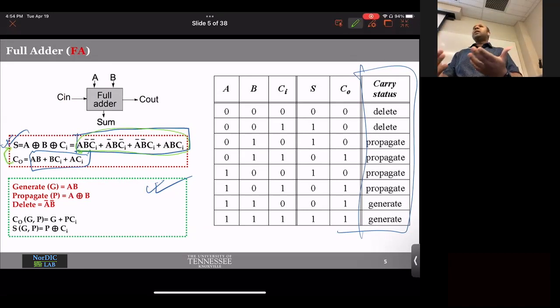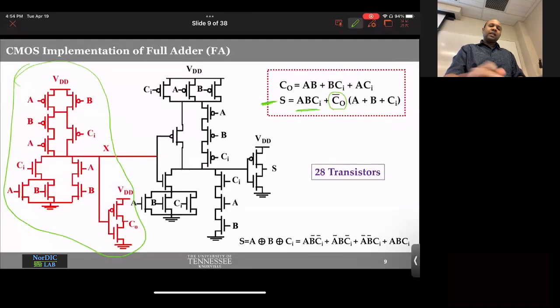I haven't shown you the Boolean computation here, but they have gone through the math and they simplified it, and they came up with a way to reuse this carry output. Why? Because they realized you will anyways have to calculate C out bar, because you're getting it for free right here. If you could somehow reuse that and simplify your circuit, that will be better, of course. And that's exactly what they did.